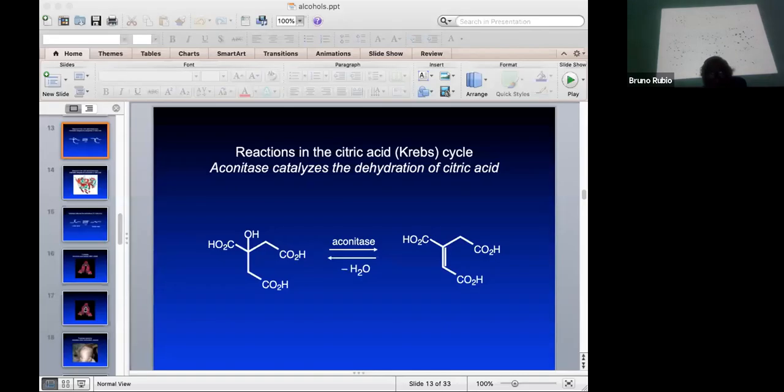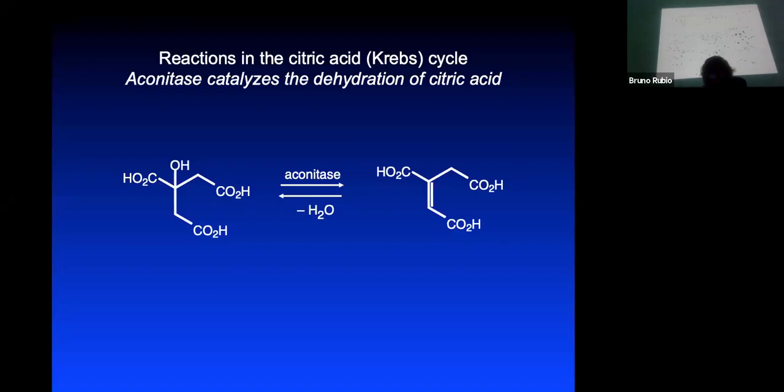Okay, so let's take a little break now. Look at some pretty pictures. So a dehydration, for the lucky ones out there, the lucky ones who will one day take biochemistry, you'll see that these dehydrations of an alcohol are all over biochemistry.